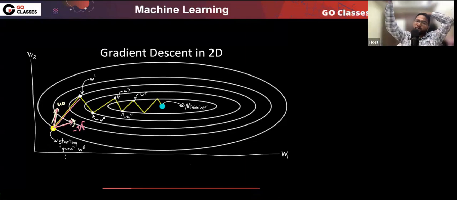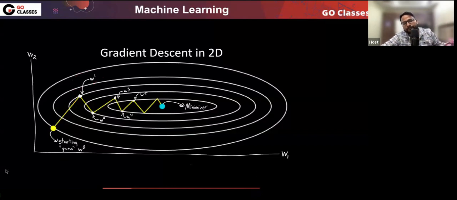You're already in the W naught direction, and then you want to tilt towards the negative gradient direction. So you will be a little bit inclined, right? Let me know how we are getting this W1. This is the space of W1, W2 only, right? There is no Z here.